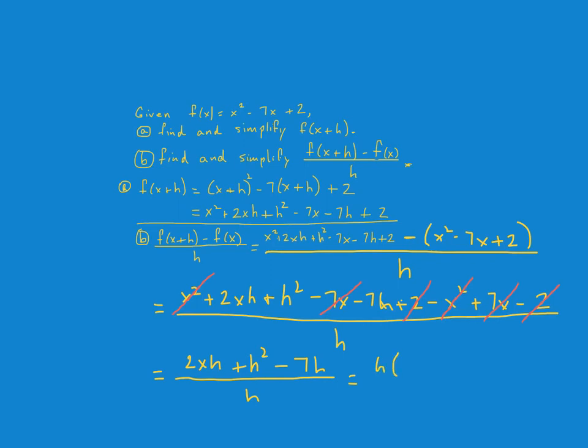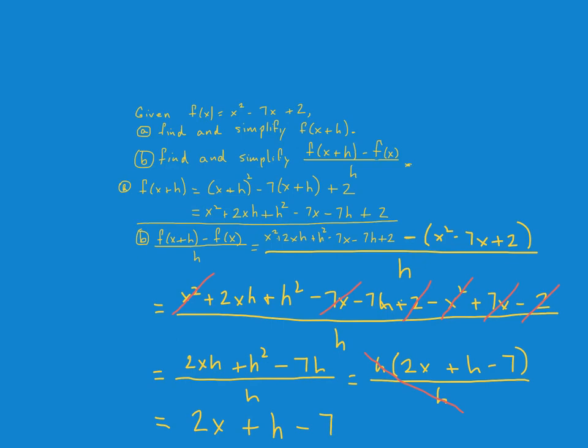So h can be factored out of the three terms in the numerator, leaving us inside some parentheses with 2x plus h minus 7. And then at that point, the h factor in the numerator and the h in the denominator divide to make 1, and we are left with our final simplified answer to part B will be 2x plus h minus 7.